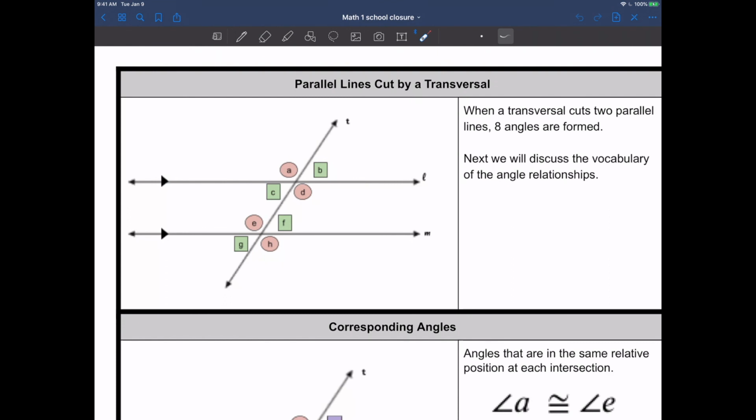What would be the relationship between angles A and C? What's the relationship between angles A and D? Or A and B? So think about all the different combinations here and see if you can predict what the relationships are. You'll get more of this in the next video.